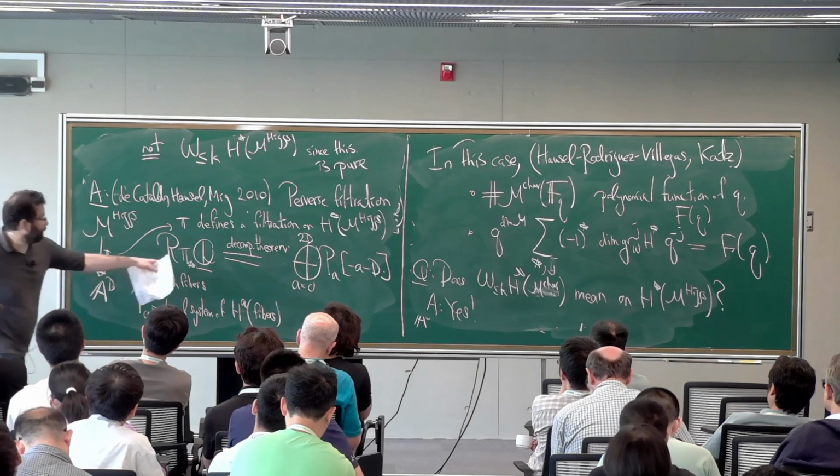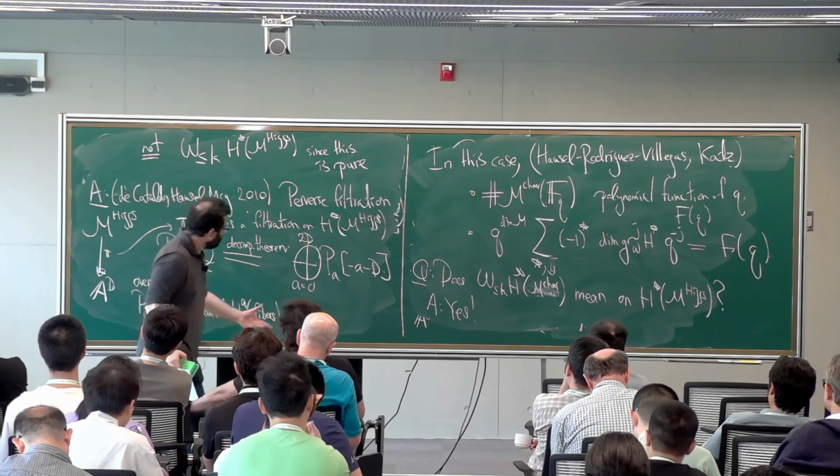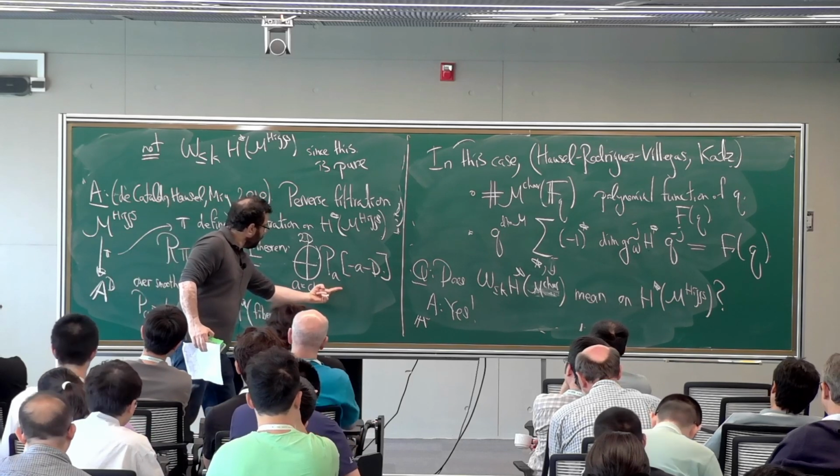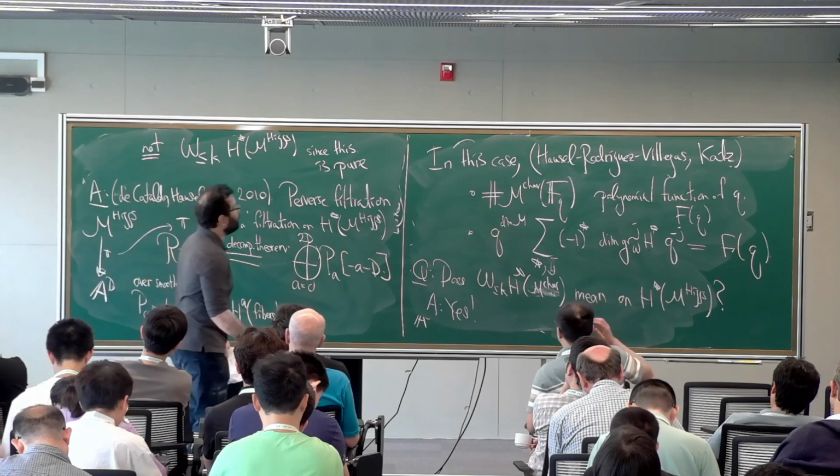And then how do we define a filtration using this? Well, I'm just going to define a filtration by taking the first however many summands of this direct sum and taking their contribution to the cohomology.